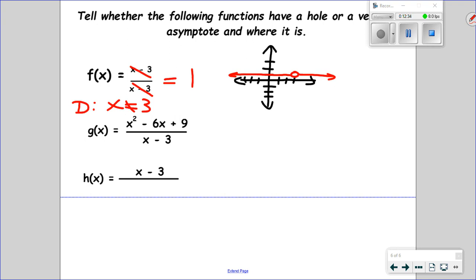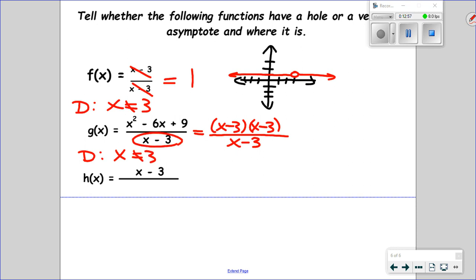All right, let's look at g of x. First of all, I would factor the numerator. So this factors into (x minus 3) times (x minus 3), all over (x minus 3). Now, the domain of the function is still x cannot equal 3, because of the denominator.